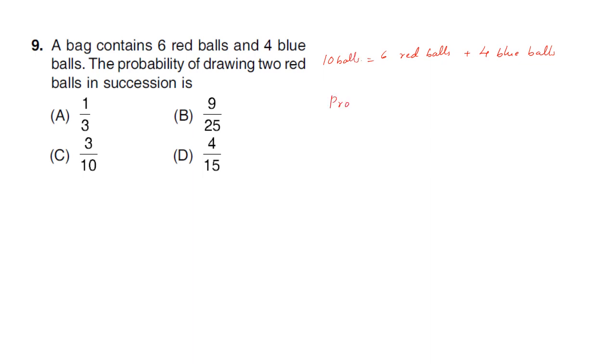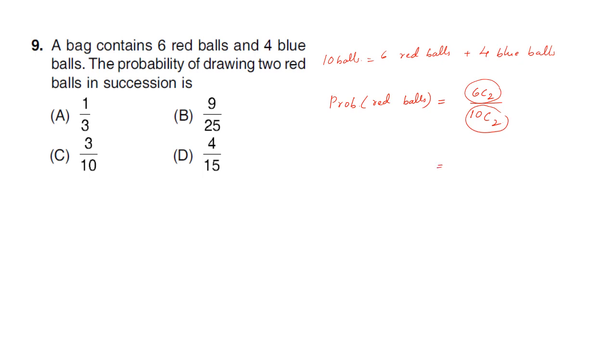Therefore, probability of taking 2 red balls in succession is given by 6C2 divided by 10C2. We are taking 2 balls from 6, and in total there are 10 balls.